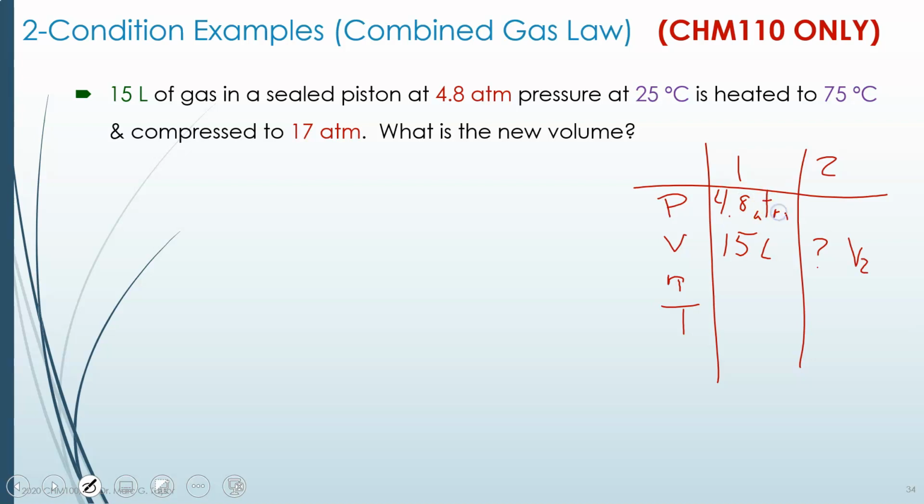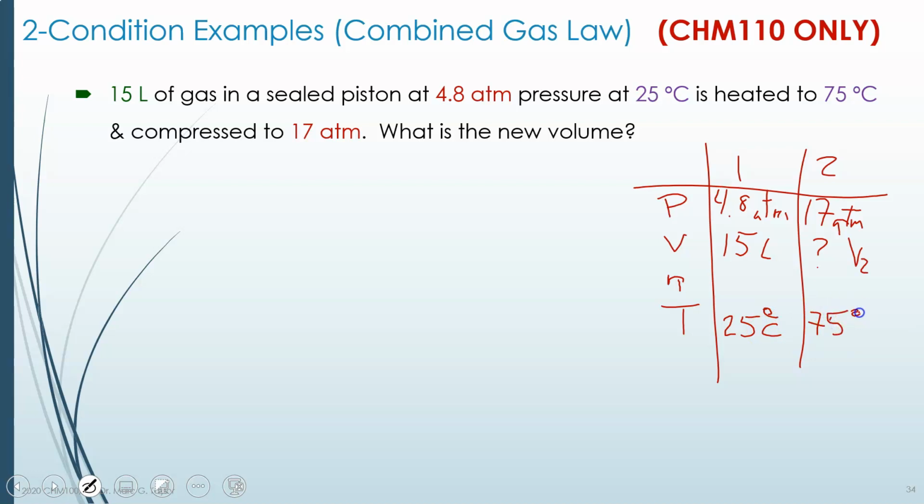Our final pressure is 17 atmospheres. So we're increasing our pressure considerably, and our temperature was 25 degrees C, and it will become 75 degrees C.